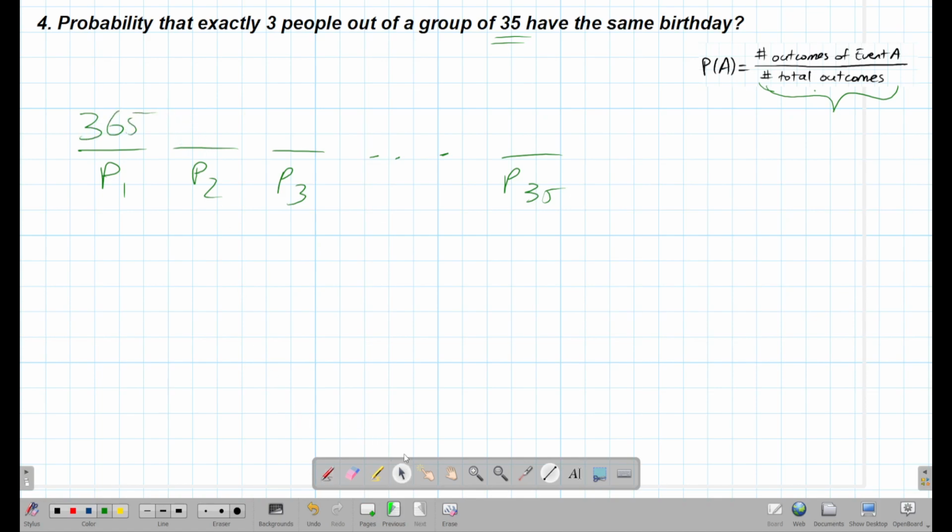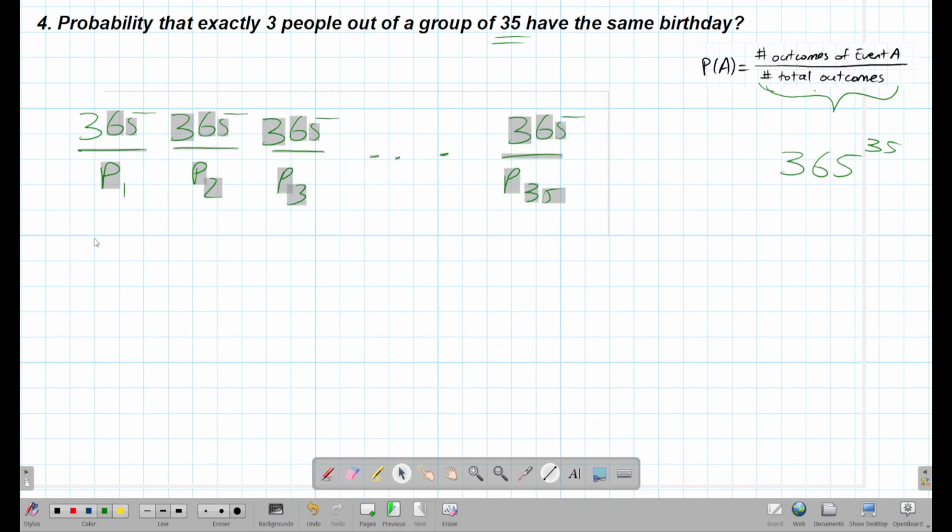And because we're allowing people to be born on the same day, the same applies for person 2, person 3, person 4, 5, 6, and so on, all the way to person 35. So our total number of outcomes is going to be 365 to the power of 35. That's going to be our denominator, the total number of outcomes.